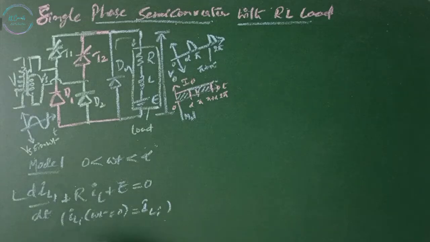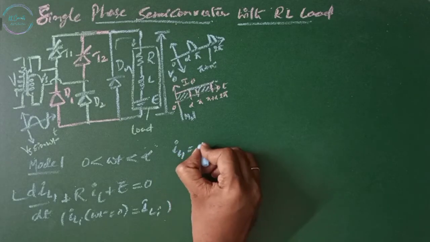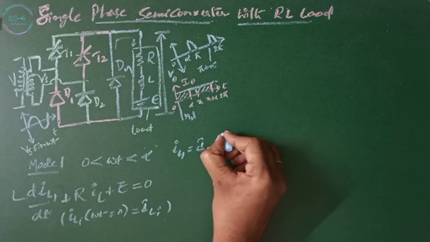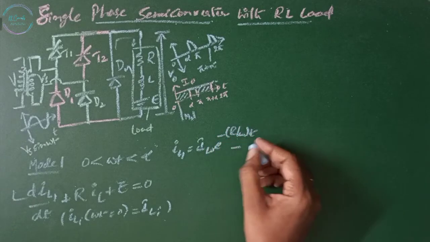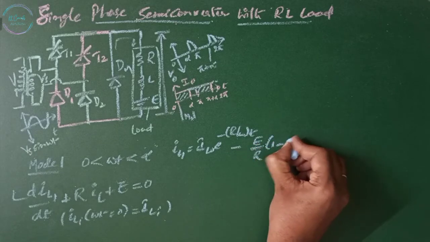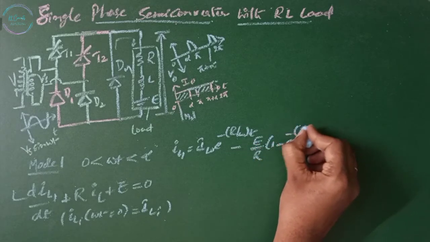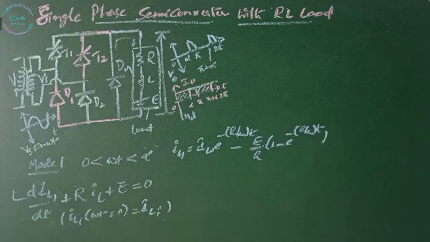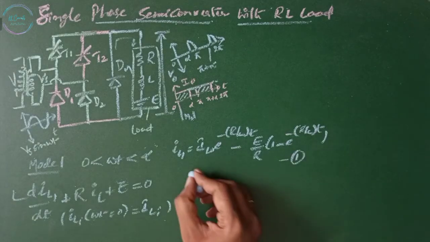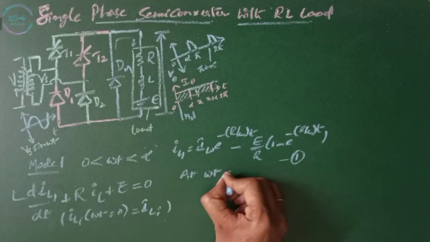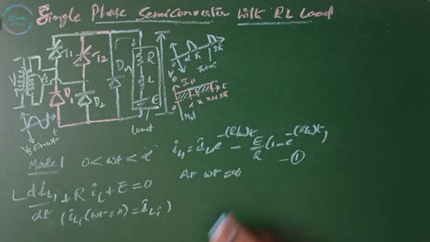Then IL1 is given by IL0 e to the power of minus R by L of t, minus E by R times 1 minus e to the power of minus R by L of t. Let this be equation number 1. At the end of this mode, that is at omega t equals alpha, the load current becomes IL1.